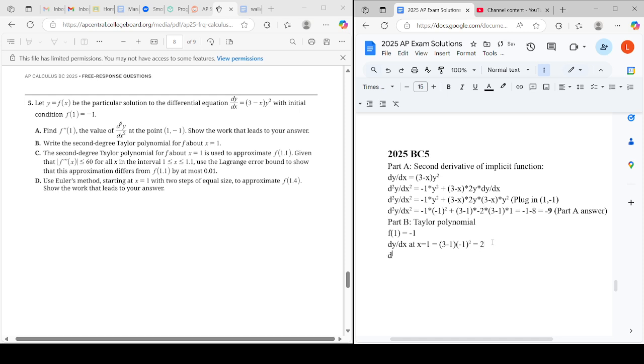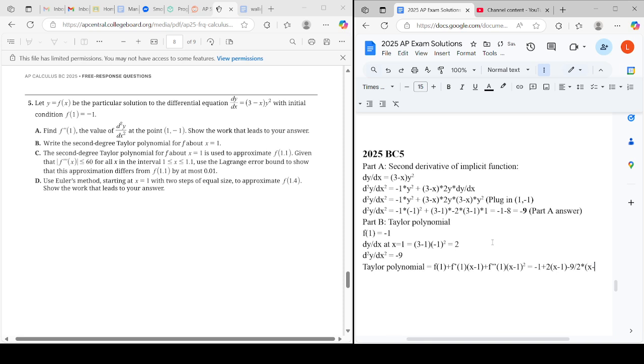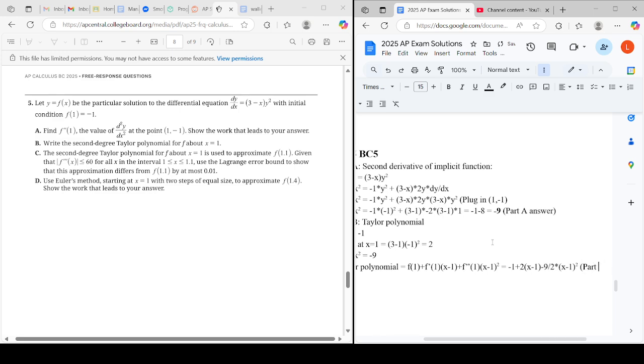And then d squared y over dx squared from before would be negative 9. Then we create our Taylor polynomial: f of 1 plus f prime of 1 times x minus 1 plus f double prime of 1 over 2 times x minus 1 squared. Plugging in the values, we get negative 1 plus 2 times x minus 1 minus 9 over 2 times x minus 1 squared. There's our answer to part B.